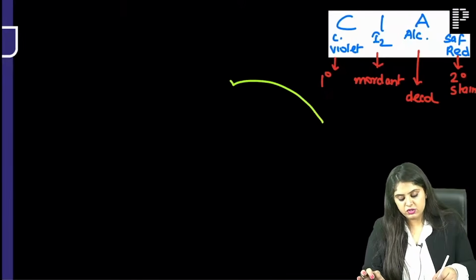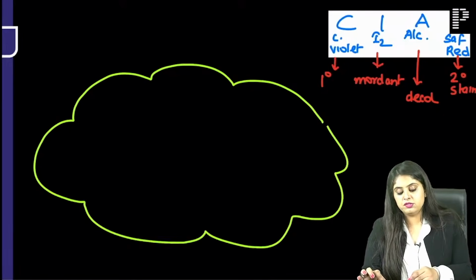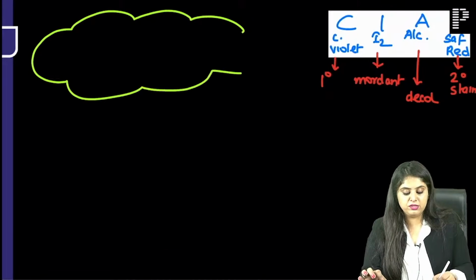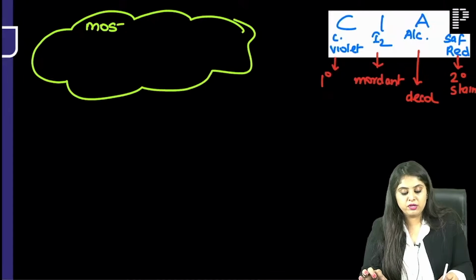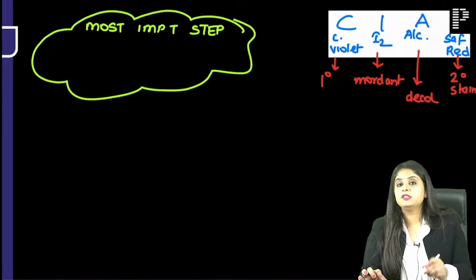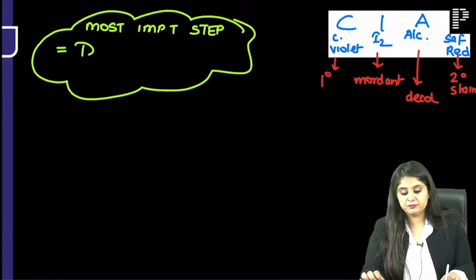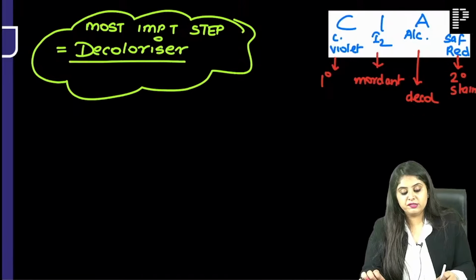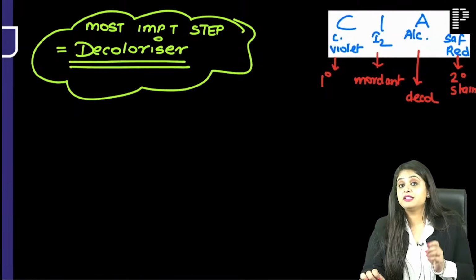Now tell me which is the most important step. This is a Viva question. Most important step out of these four, your answer should be decolorizer. Because just imagine, now I'll tell you what mistakes you will do.